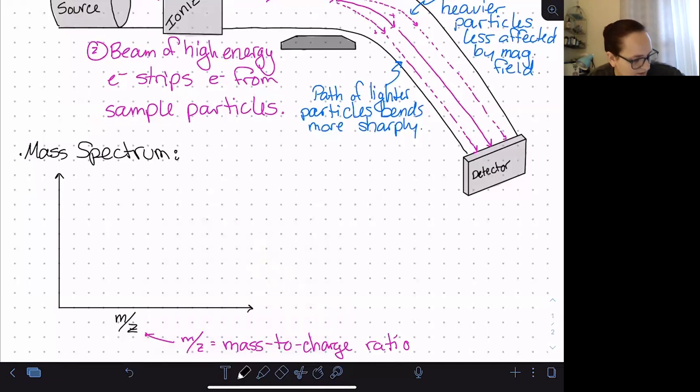And the y-axis is relative abundance. So the taller the peak, the more particles of that mass that you had.